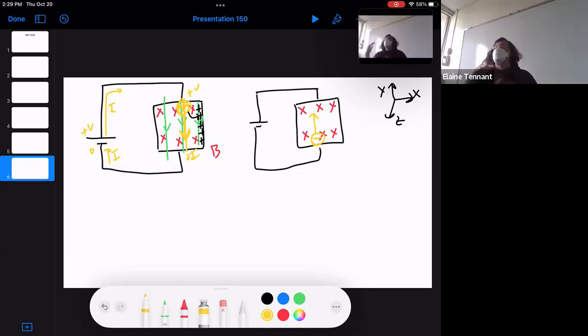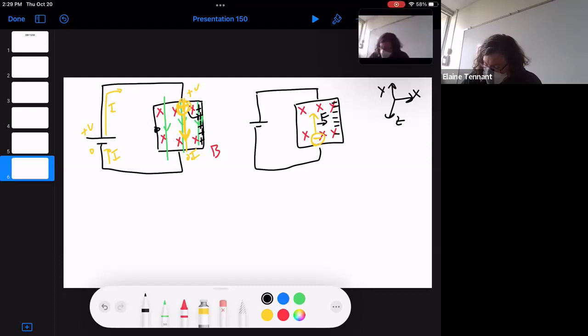All right, so it's going to feel a force in the same direction. So I still have the velocity up, field into the board, my force is that way, but as you said, it's negative, so it flips at the end. So I'm still going to feel a force this way, which means my charges are going to collect on that side, but now instead of being positive charges, they're negative charges. And so here's something we can measure.